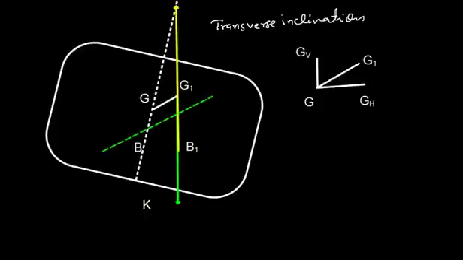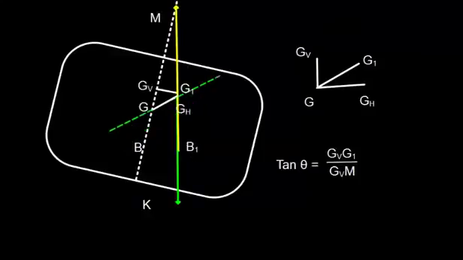Well, this force of buoyancy will also follow like this. Initially it was here. Now it will continue moving, and it will stop and come directly below G1. So G1 and B1 will be in the same line. B1 is the new center of buoyancy and G1 is the new center of gravity.